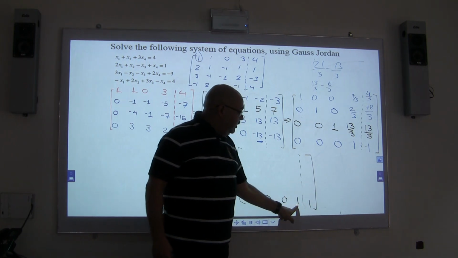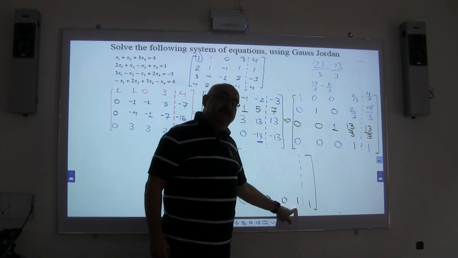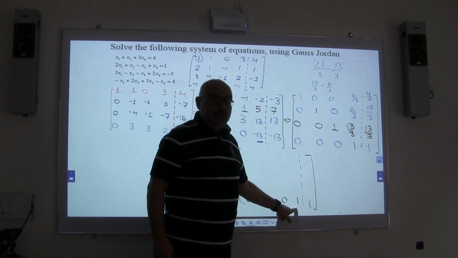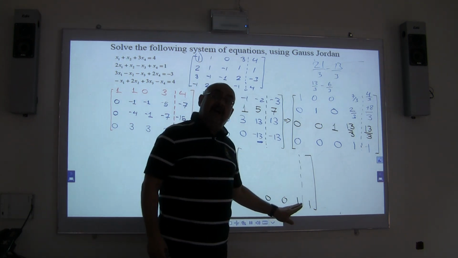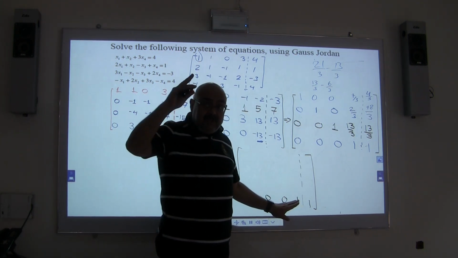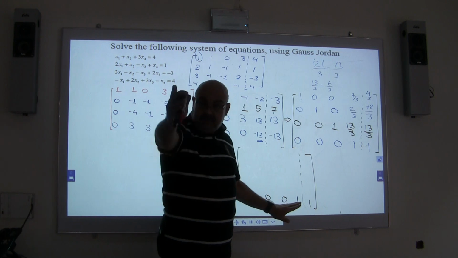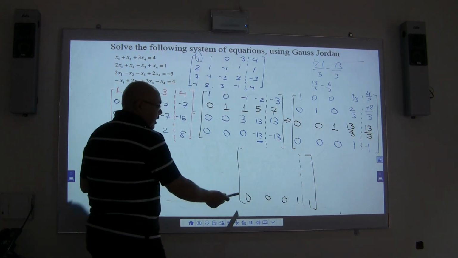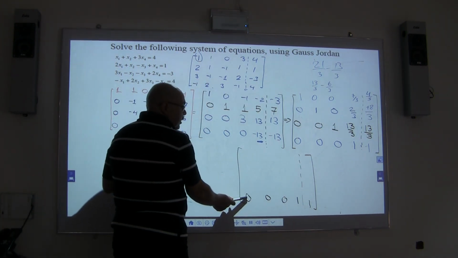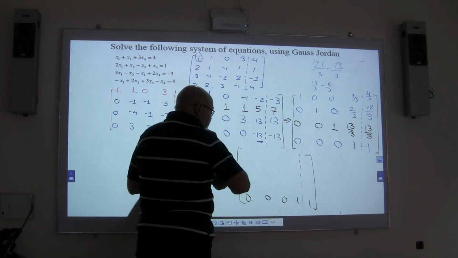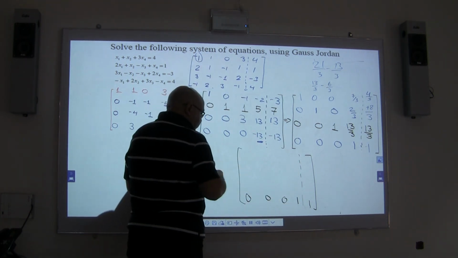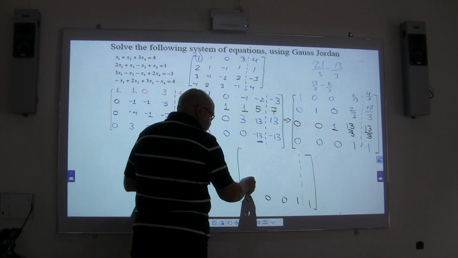I will multiply by the same number, but with opposite sign. So I will take the last row and multiply it by negative 13 over 3. Start multiplying. Negative 13 over 3 times 0 equals 0, and 0. So it's going to be 0.